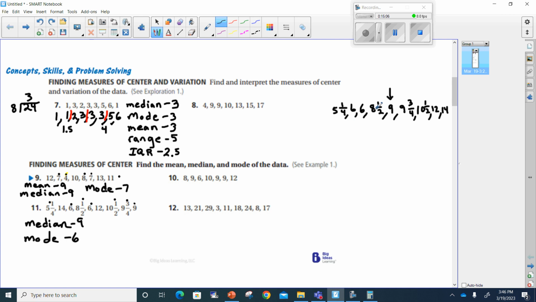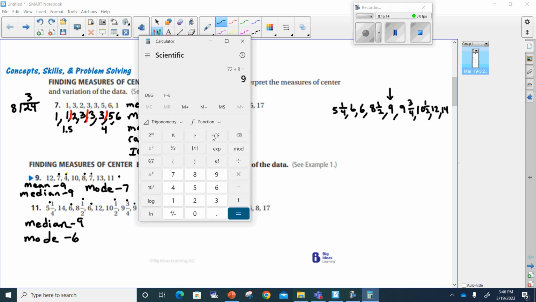And now, let's see, the mean. I have to add up all these numbers and divide it by the number of numbers there are. Well, I'm going to do it really quick with my calculator. I know that 5 1/4 is really 5.25. I'm going to add that to 6. I'm going to add it to 6 again.